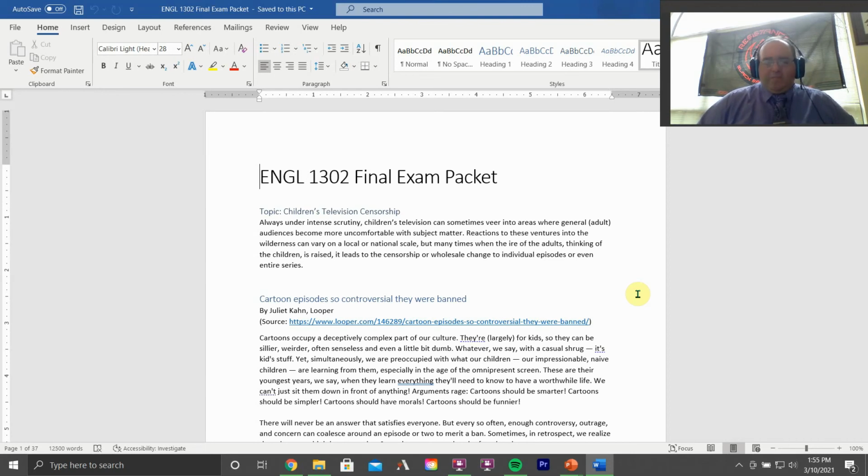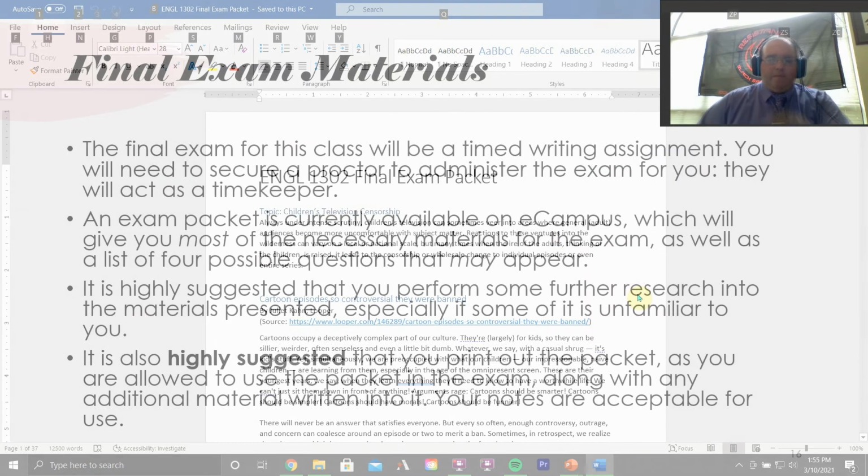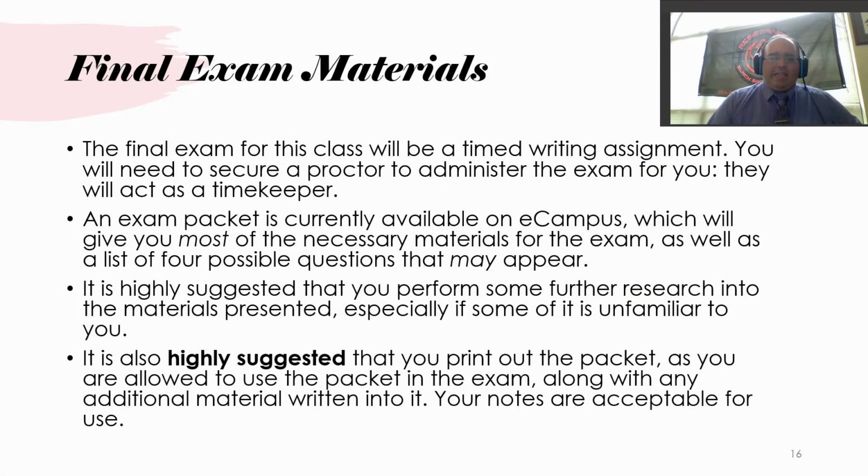It's especially important because there are certain elements in this packet that are links to YouTube videos, and you may want to take notes of what's in those videos in the packet so that you can use them during the exam. So again, it is highly suggested that you print out that packet and use it on the exam and put in any notes. That being said, here is your final exam topic.